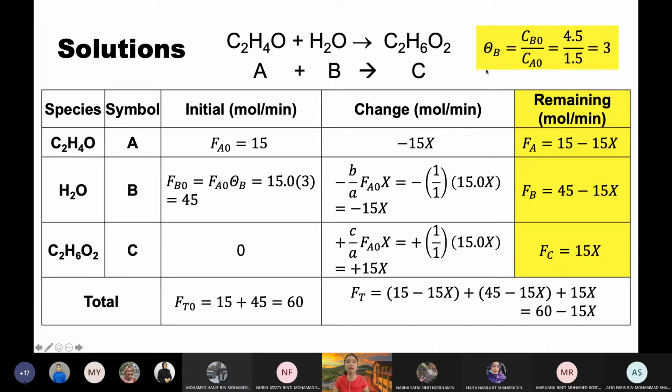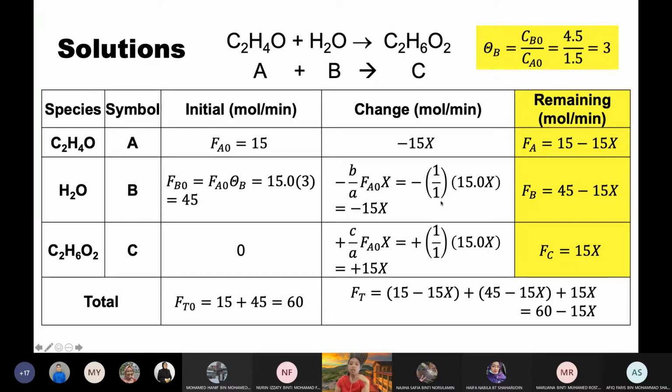You get your theta B as 3. So you multiply theta B 3 with FA naught 15. So you get your FB naught 45, which basically means that what enters is 15 mol per minute of A and 45 mol per minute of B.